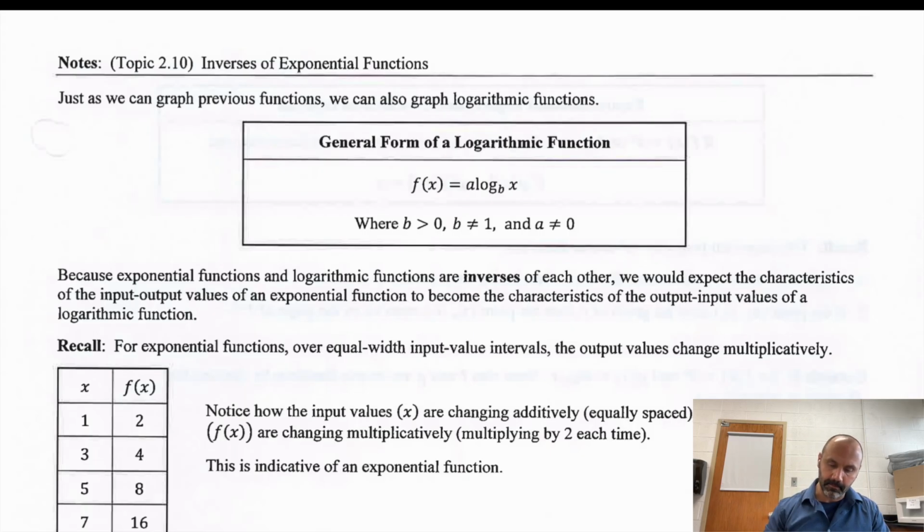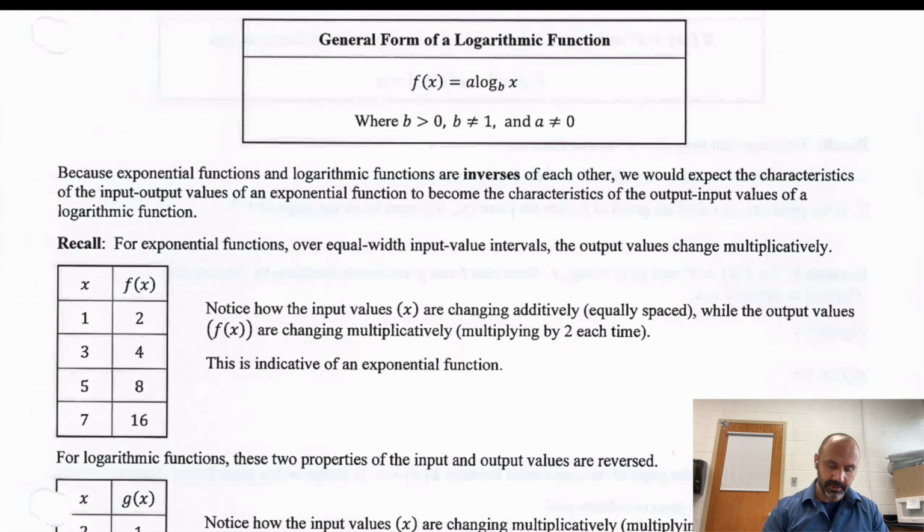Because exponentials and logarithms are inverses of each other, we would expect that the input-output patterns for exponentials would be switched for logarithms. For example, in an exponential function, the inputs are additive.